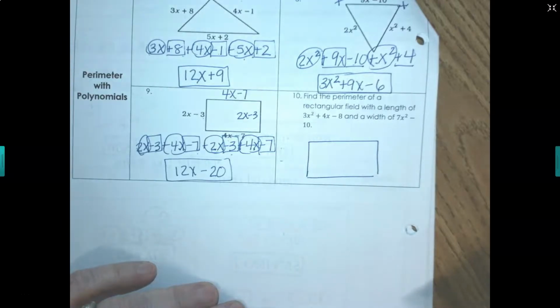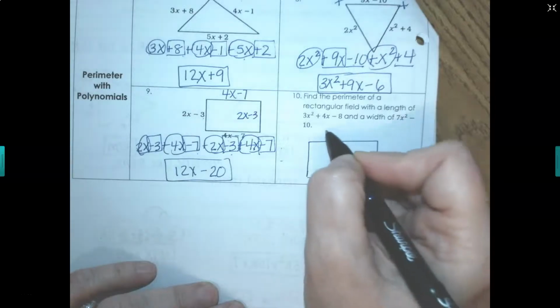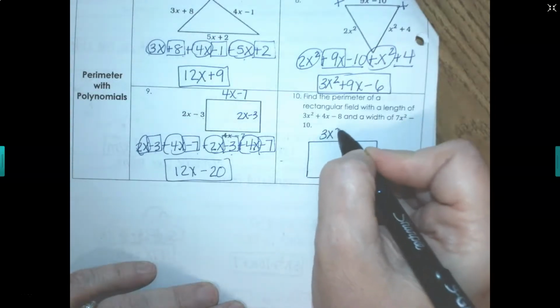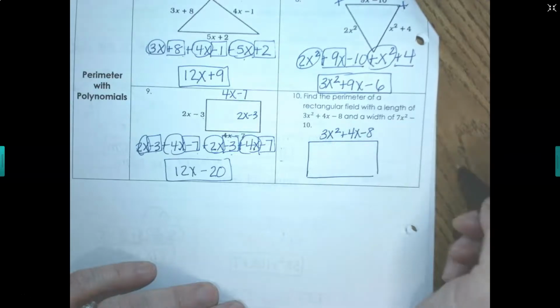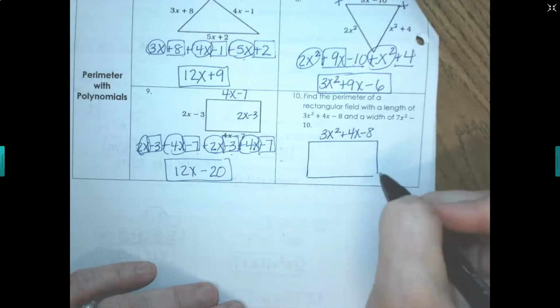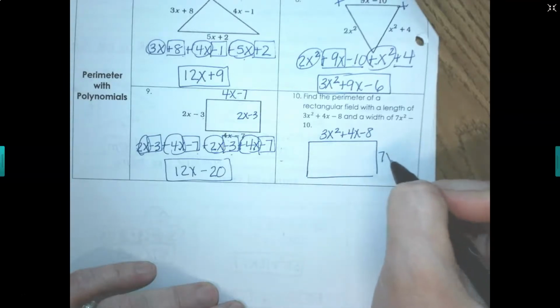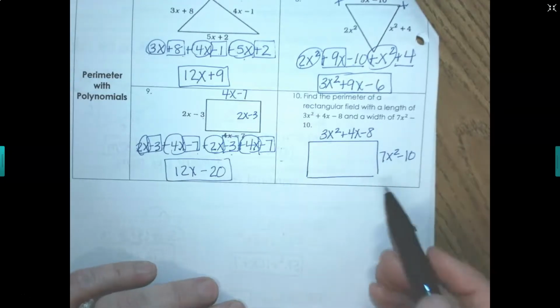It said the length is 3x squared plus 4x minus 8. So I'm going to just pick a side, 3x squared plus 4x minus 8. And a width, so this is length, so that makes the other way going the width of 7x squared minus 10. So the same rule applies here.